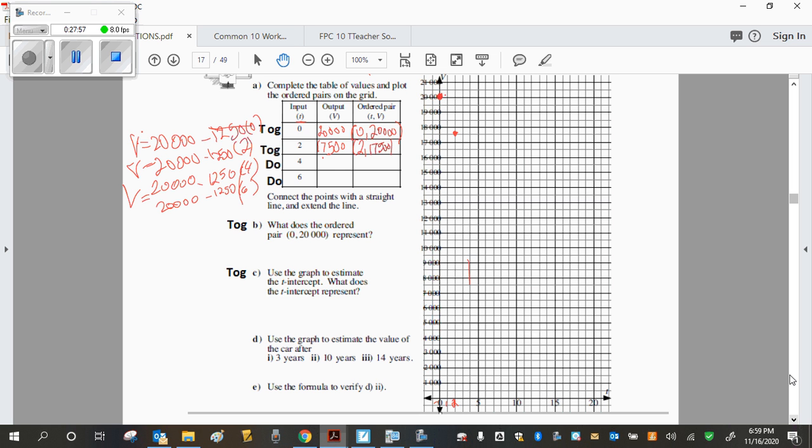And similarly, you get another 2,500 less than that. So 12,500.